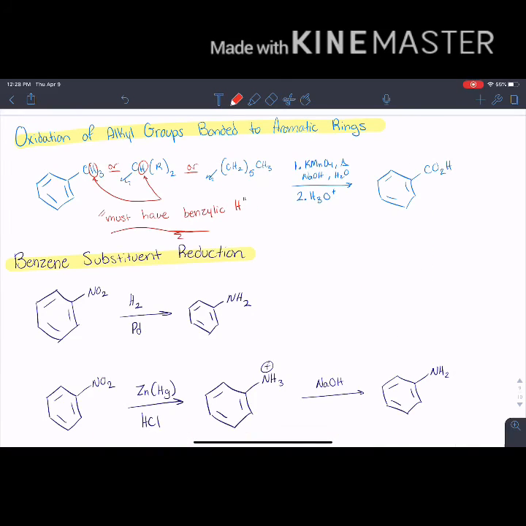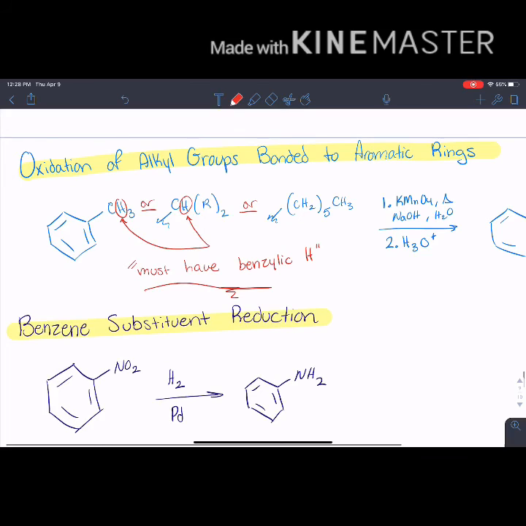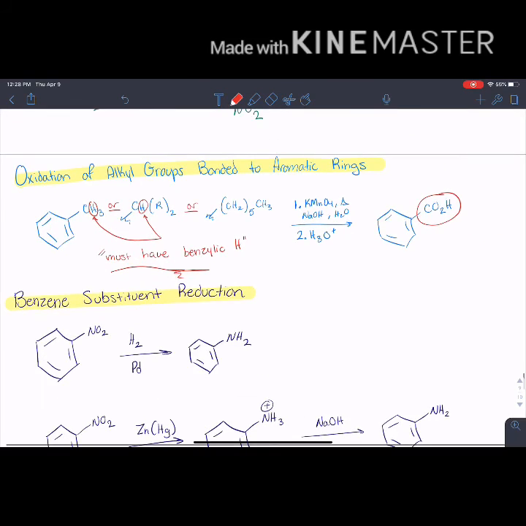So let's say you wanted to get a carboxylic acid from a methyl group or any kind of alkyl group. In order to do this, though, you must have a benzylic hydrogen. The benzylic hydrogen allows this reaction to occur, and without it, it won't work.